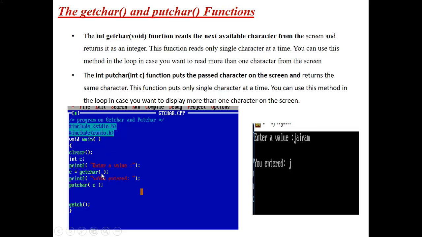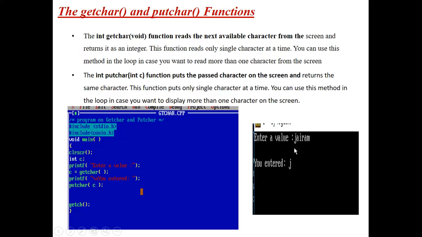Why? Because with getchar and putchar, getchar takes only one character at a time, and putchar passes the value received from getchar onto the output screen, also only one value at a time. That's why, as I entered my full name, it prints only the first letter of my name. That is the difference.